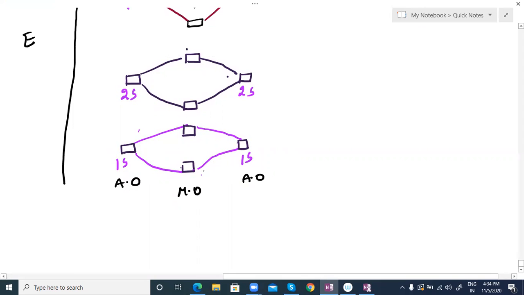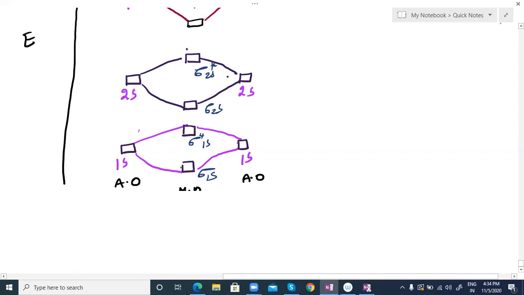This is the sigma 1s orbital. The upper one we call the anti-bonding molecular orbital, sigma star 1s. The star we are showing is anti-bonding, and the normal one is the bonding molecular orbital. So similarly here, sigma 2s and sigma star 2s.